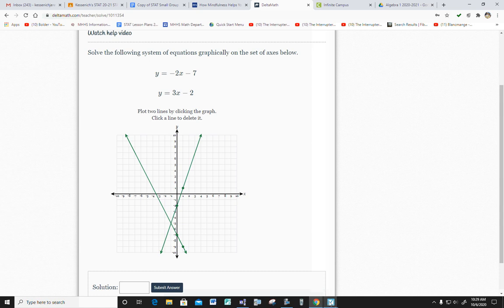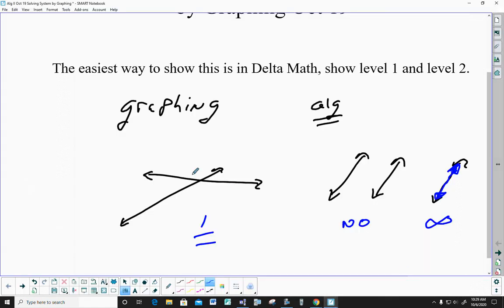So I didn't talk much about that over here. But the answer to this question is the coordinate where they're touching. It's the xy coordinate of where they touch. So that's why here there's no solution because they're not touching. And here there's infinitely many because they're touching everywhere.